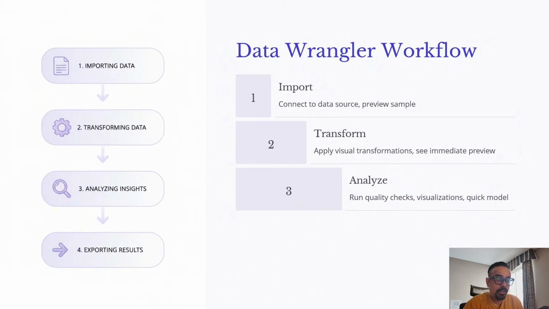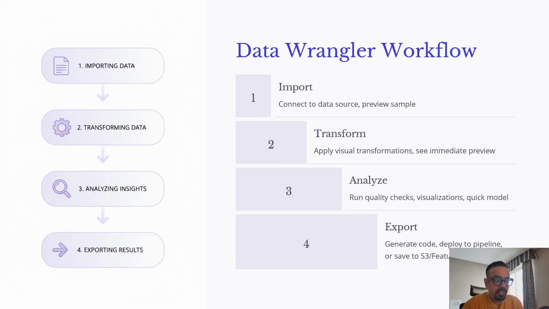Did scaling actually normalize the distribution? Use a quick model after feature engineering to see if your new features improve predictiveness. There are a lot of things that come as part of this report, and this analysis guides your next transformation decisions too. Then you can export as a final step, when you're satisfied with your prepared data.